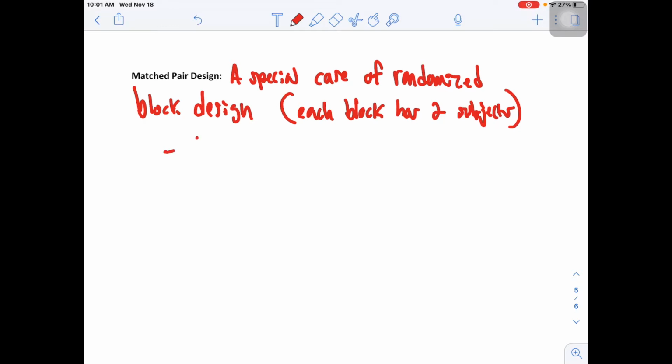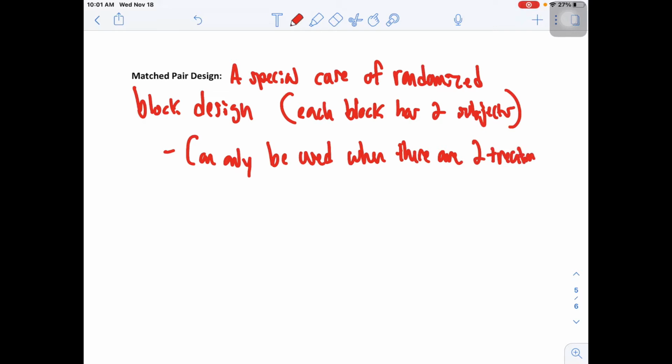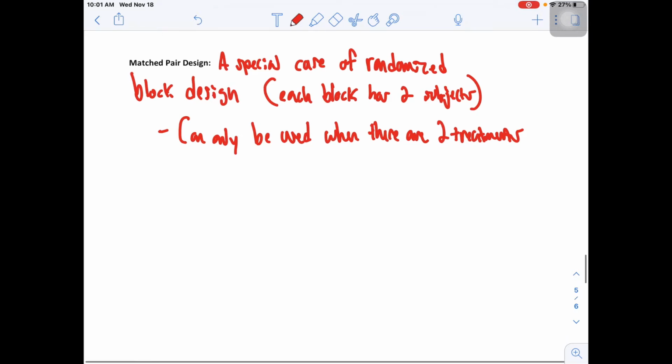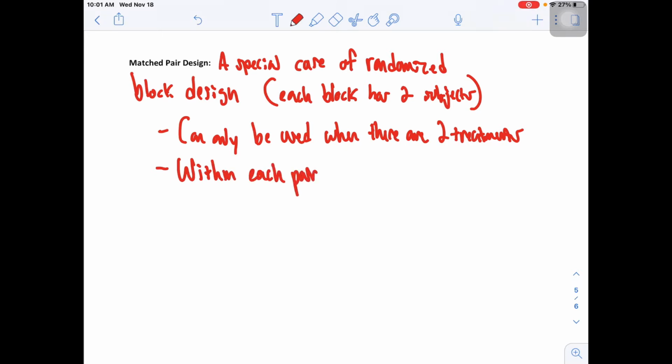This can only be used when there are two treatments. We would say within each pair, treatments are randomly assigned.